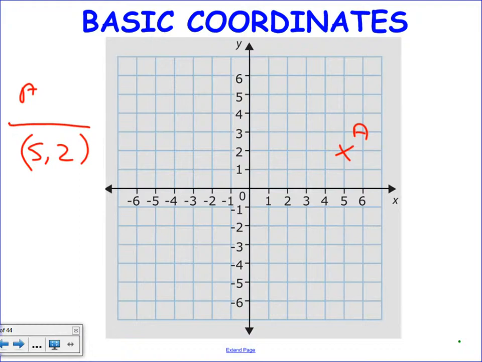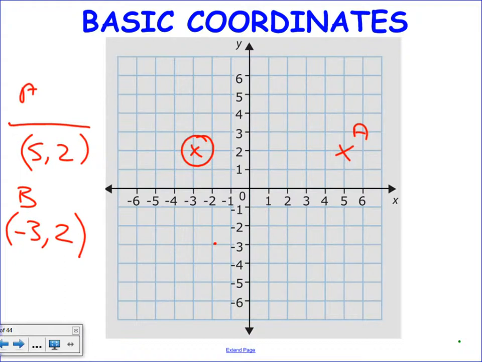However, they might say, plot the point B at position minus 3, 2. So you've now got to do the plotting. You've done the reading, you're now expected to put something onto that grid. So where does it live? This one is saying go 3 left and 2 up.